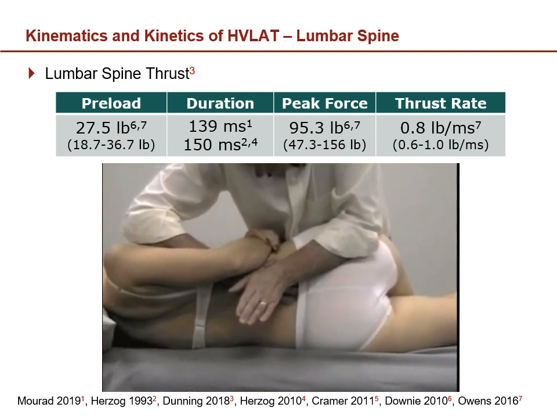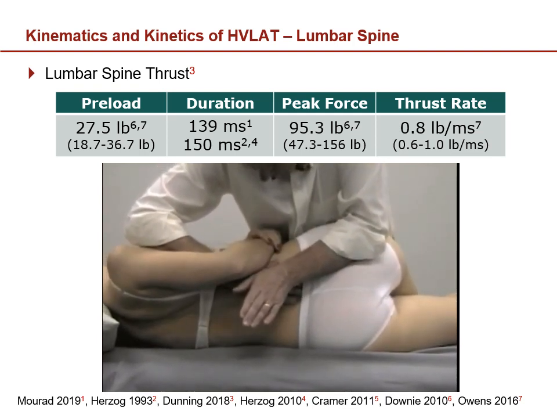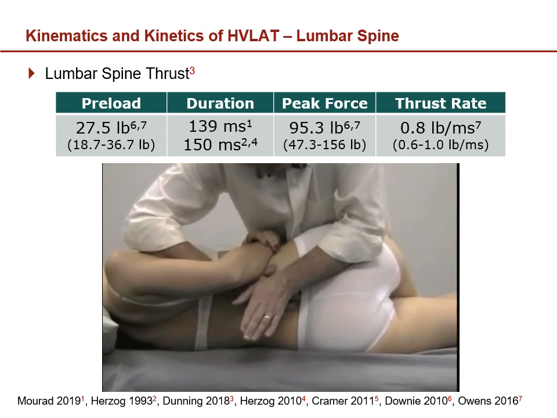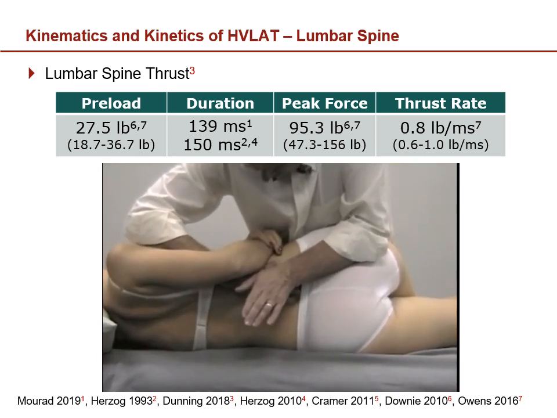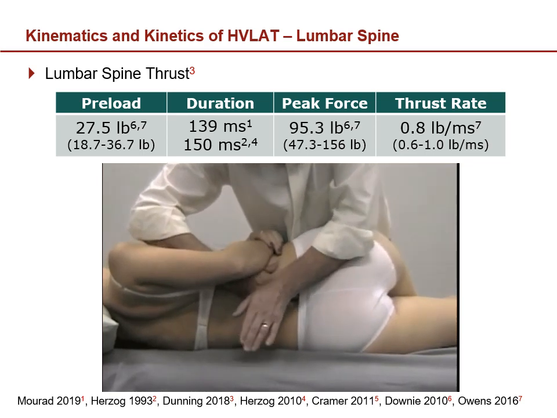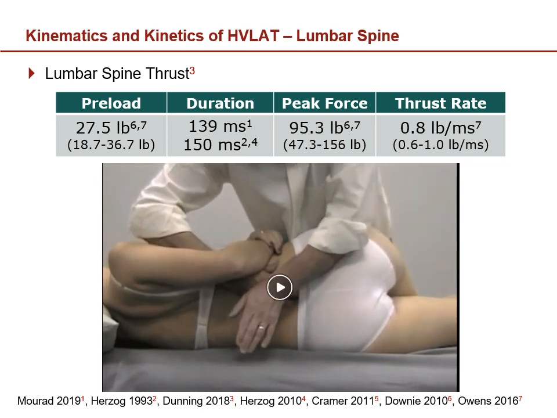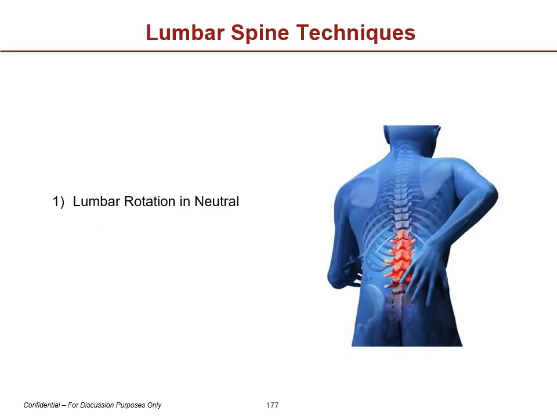Okay, he's using the pronated position of the bottom segment at the hip, and then he's using a forearm or elbow grasp of the upper. And you can see the thrust applied there. Okay, so the one lumbar spine technique that we will be introducing today is the lumbar rotation in neutral.